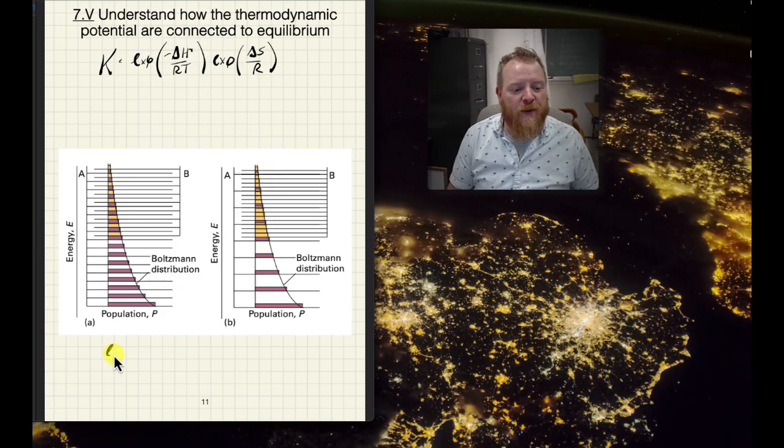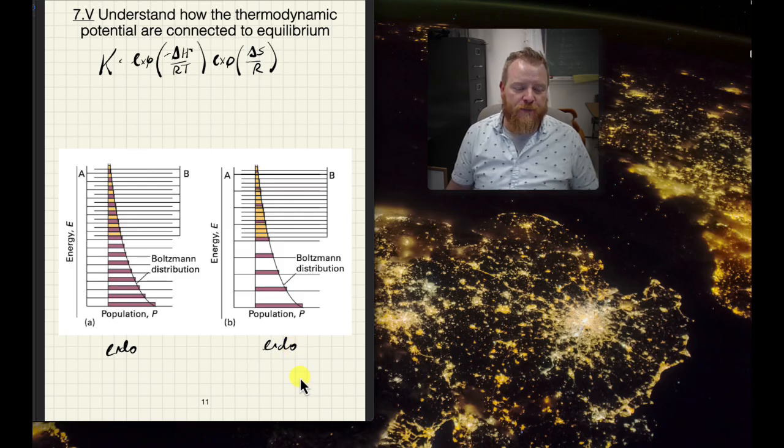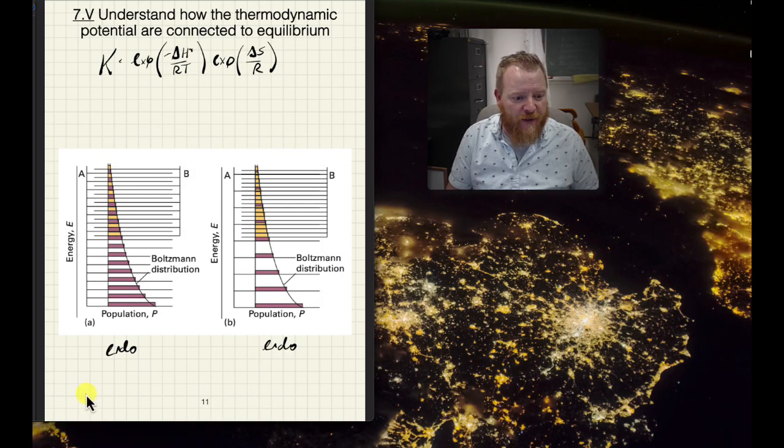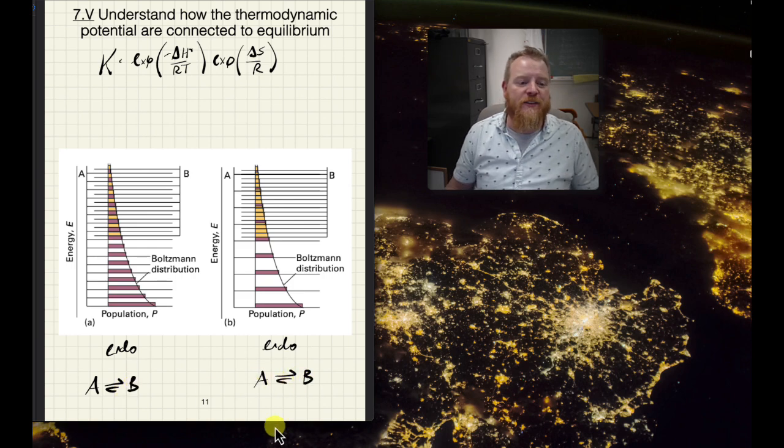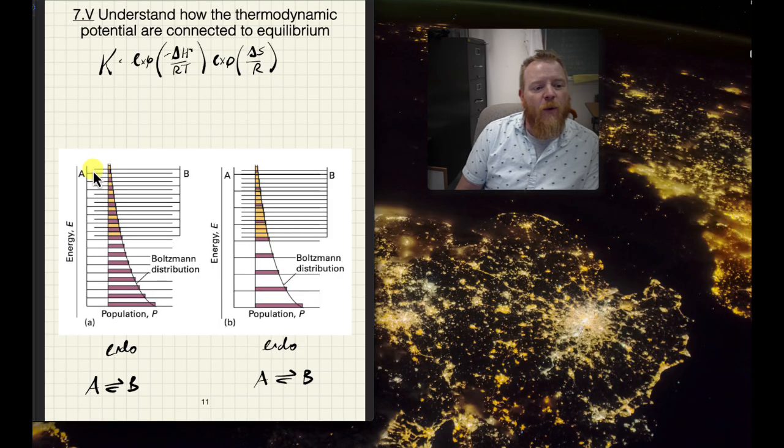So both of these scenarios are endothermic reactions. In this first one, in A, we can see the Boltzmann distribution of A. And so let's make sure we're also noting that this is A in equilibrium with B. So this is our very simple equilibrium example. So here are the energy levels of A, and here are the energy levels of B.